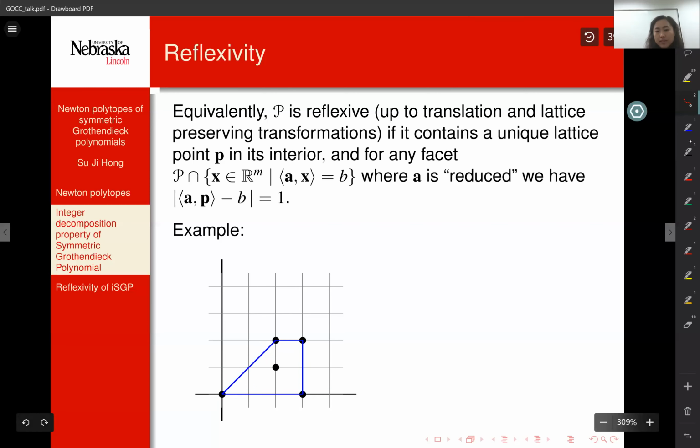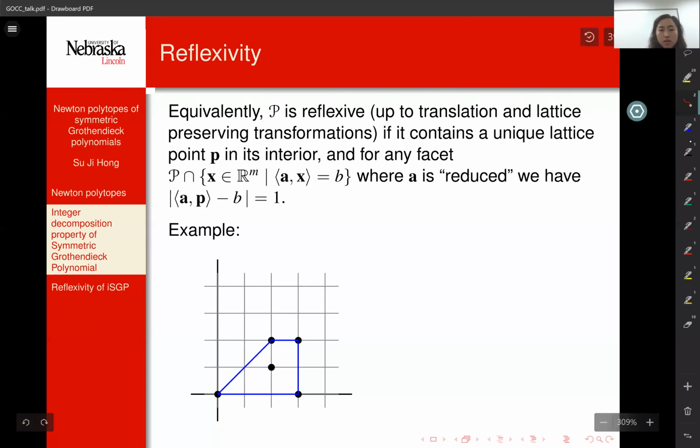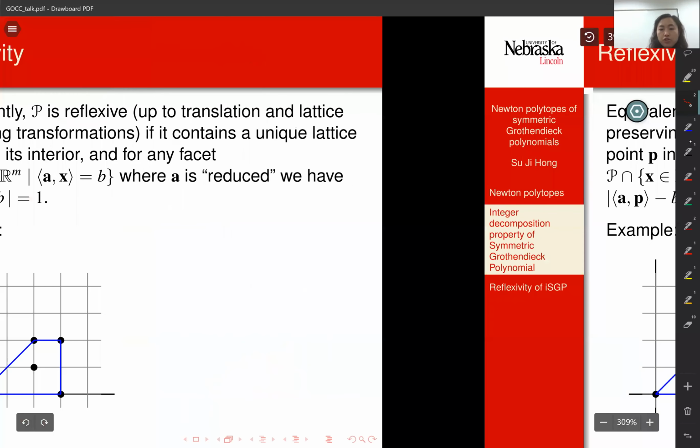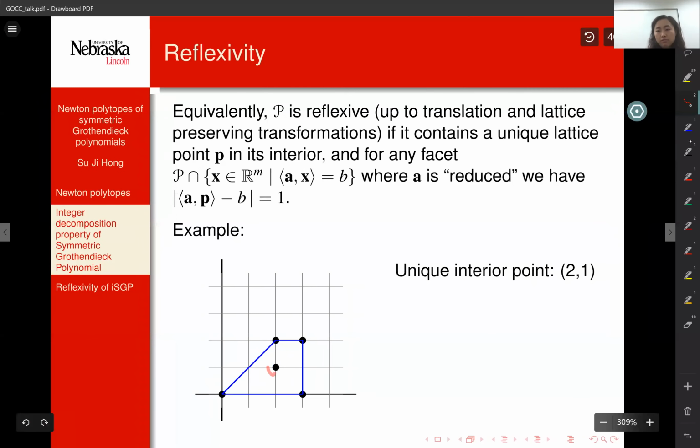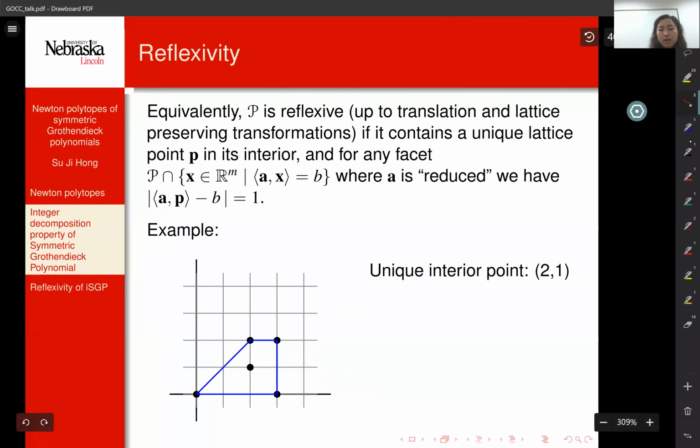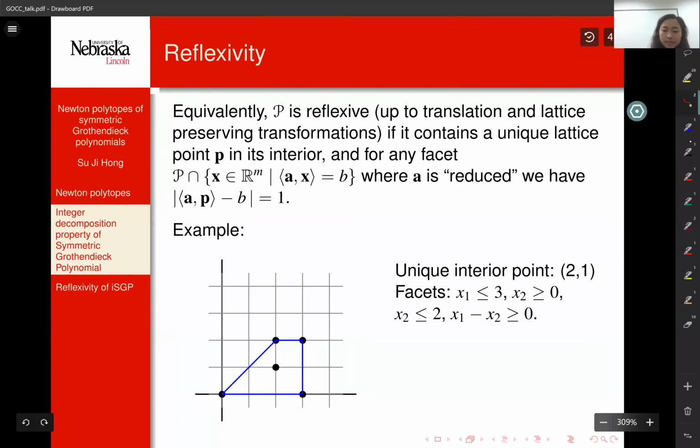When it says here A is reduced, we just mean we get coefficients as small as possible. So in this case, the unique interior point is (2, 1). And there are facets here. x1 is less than 3, so that corresponds to this.